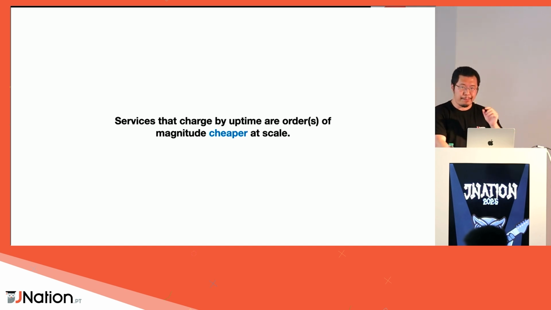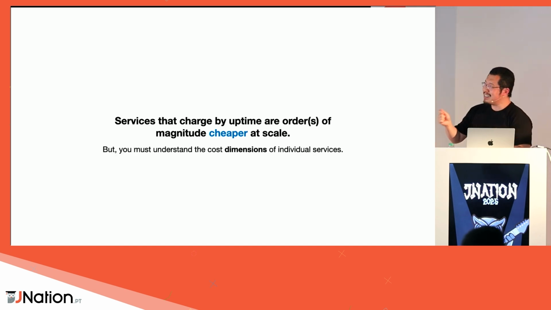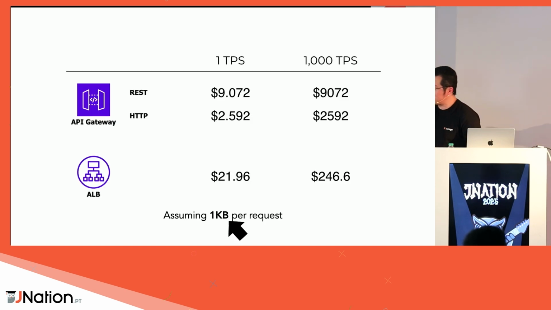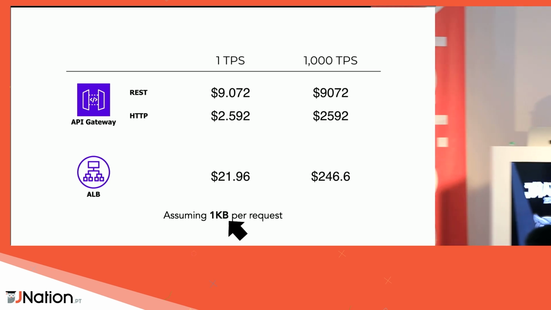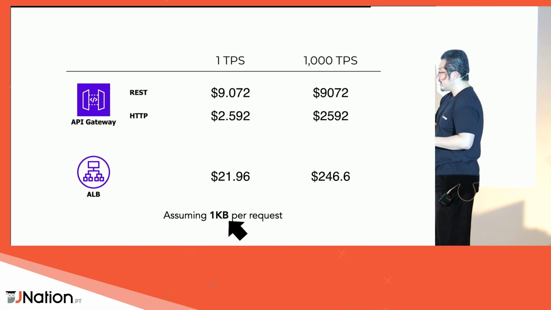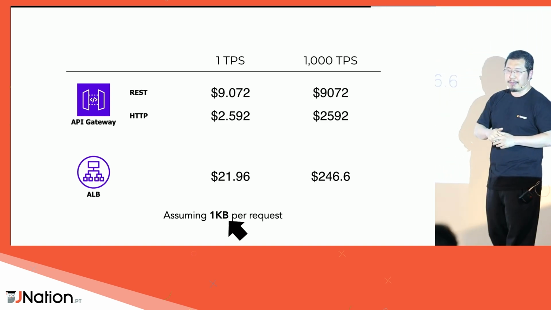But you must always understand the specific cost dimensions of the services you're working with. Because the example I showed you earlier for API Gateway versus ALB is based on the assumption that your payload is quite small, 1 kilobyte.